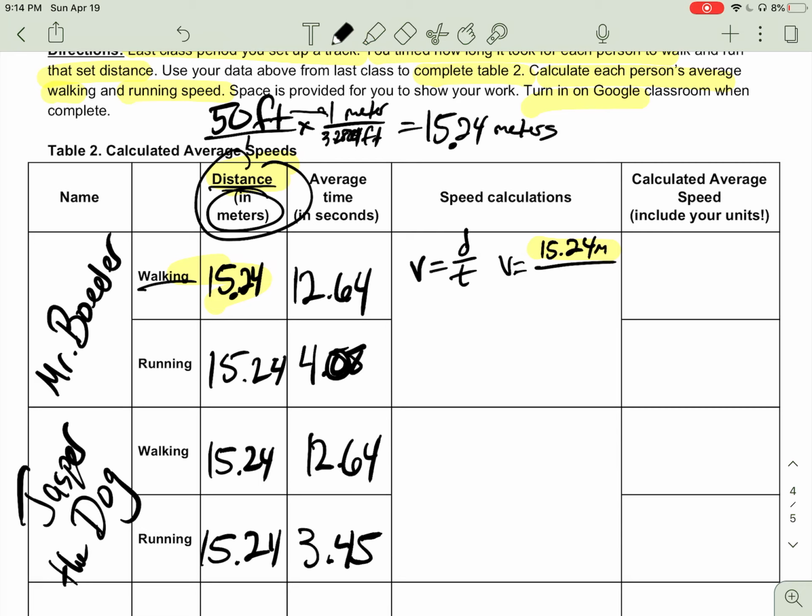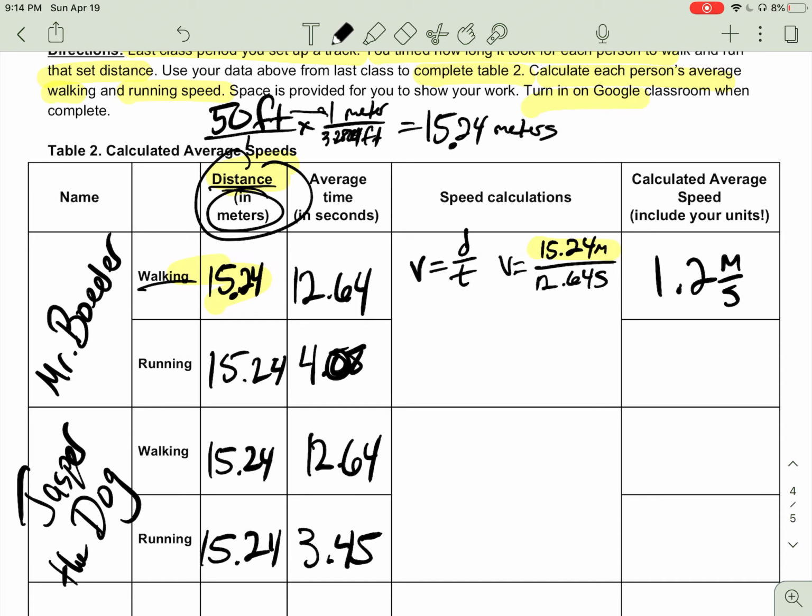So mine is 12.64 seconds, and I get 15.24 divided by 12.64 equals 1.2 meters per second, which to be honest is a reasonable but slow, kind of a strolling walking pace.